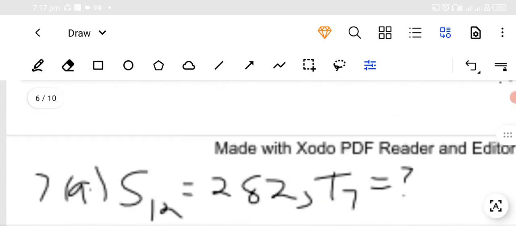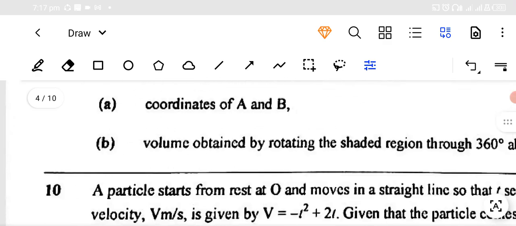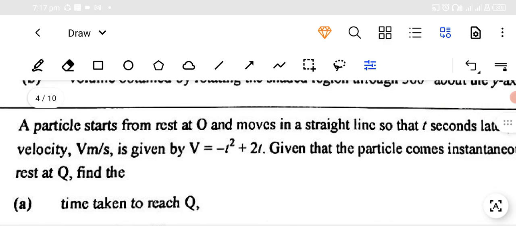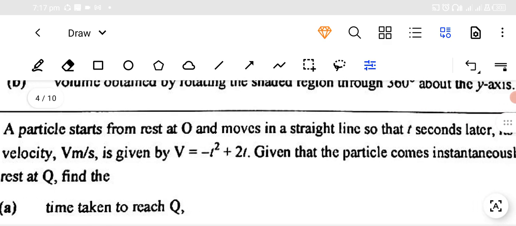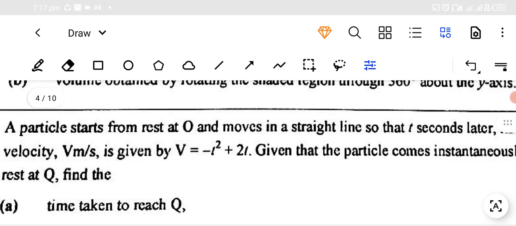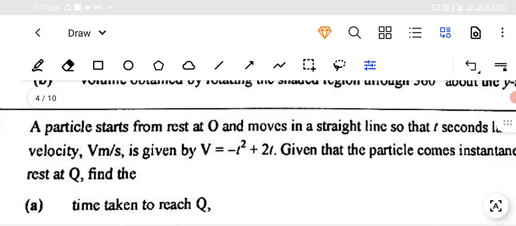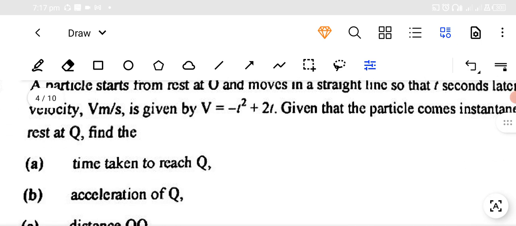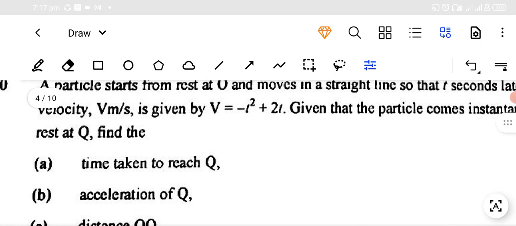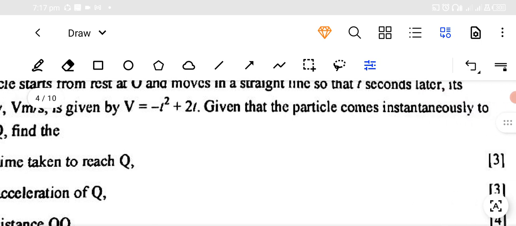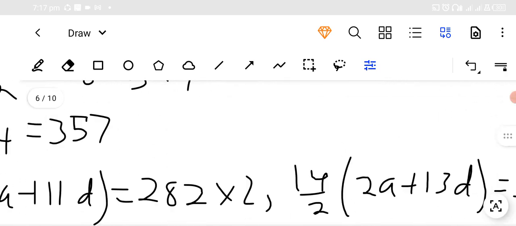So we go back to the question. Given that the particle comes instantaneously to rest at the point q, we have found the time taken to reach q. The time taken to reach q is what? 2 seconds.